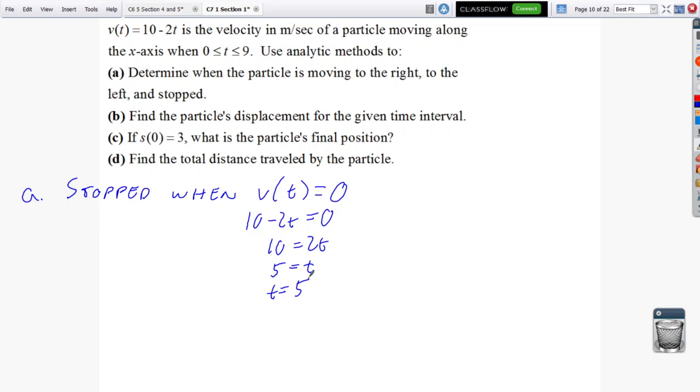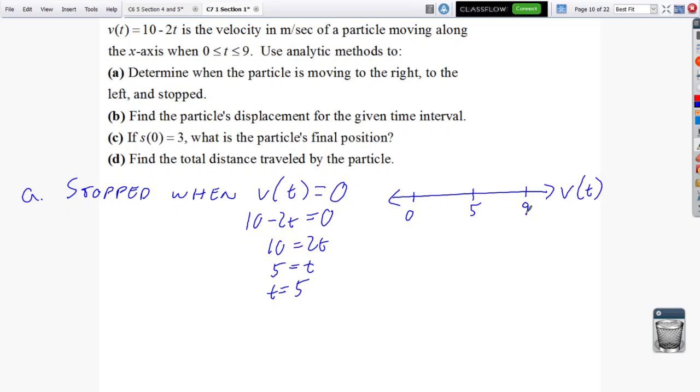So here, we're talking about left versus right. Left is going to be negative, right is going to be positive, right? So in order to figure out where this particle is moving left and right, I go back to this whole number line situation. I'm going to analyze v of t. I'm going to put down the beginning of the interval, where it turns around, and the end of the interval.